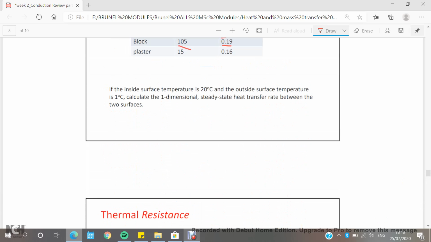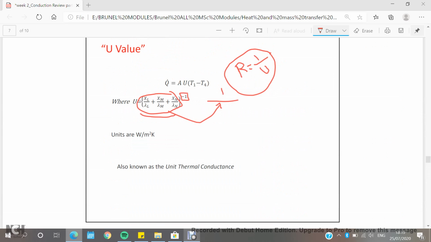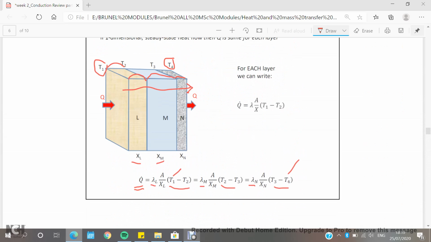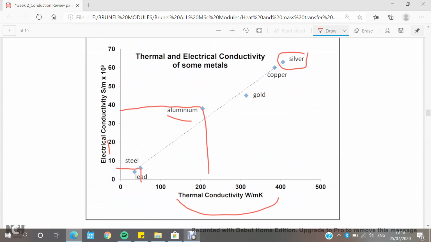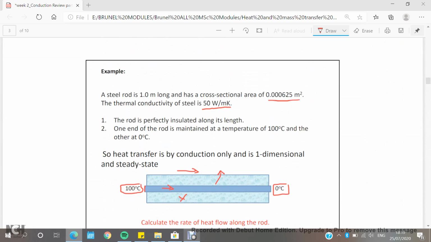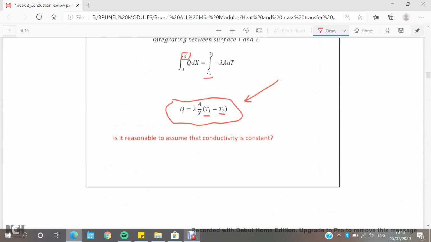Remember this. If you go back here, the main equation, Q equals U times area times delta T.